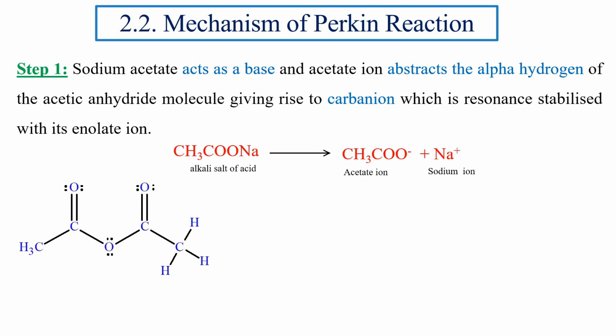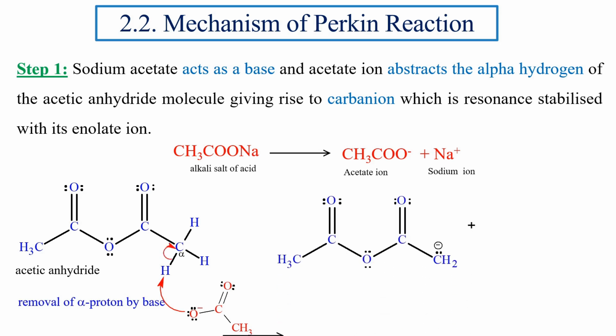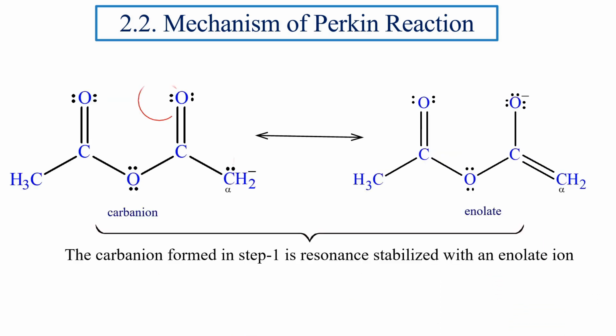This acetate ion abstracts the alpha hydrogen of the acetic anhydride molecule, giving rise to a carbanion, which is resonance stabilized with its enolate ion. This is how the carbanion formed in step 1 is resonance stabilized with an enolate ion.